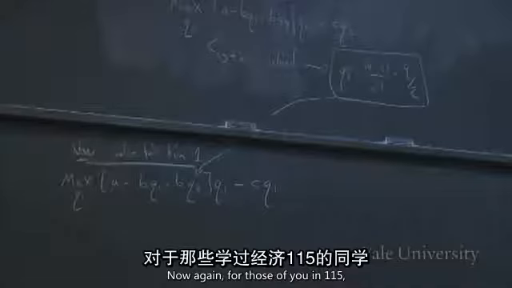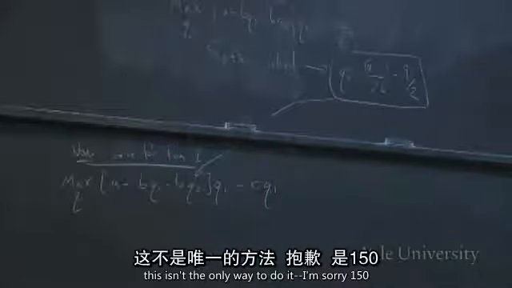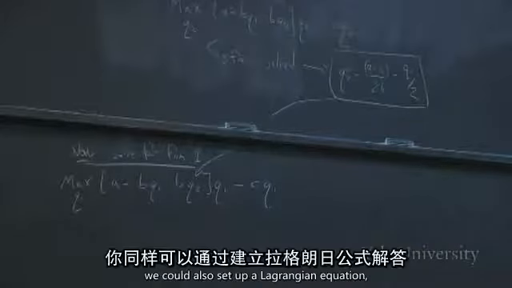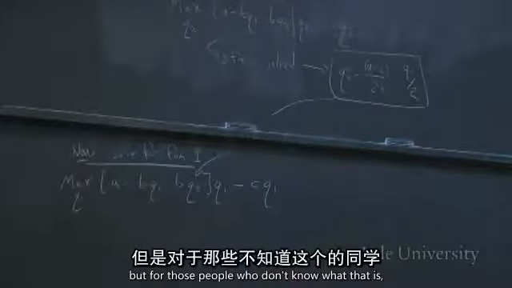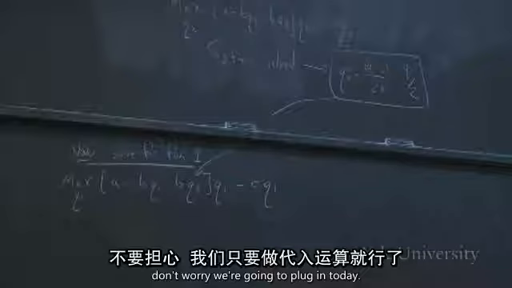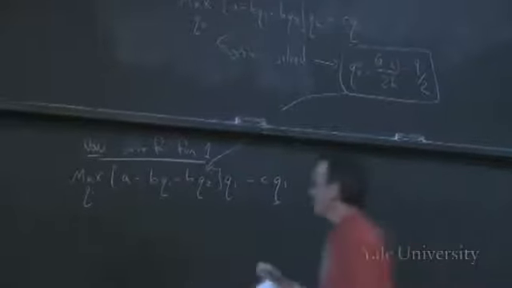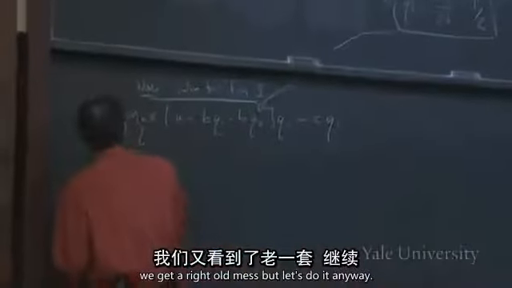Again, for those of you in 150, this isn't the only way we could do it. We could also set up a Lagrangian equation. But for those people who don't know what that is, don't worry, we're going to plug in today. When we plug it in, we get a right old mess, but let's do it anyway.